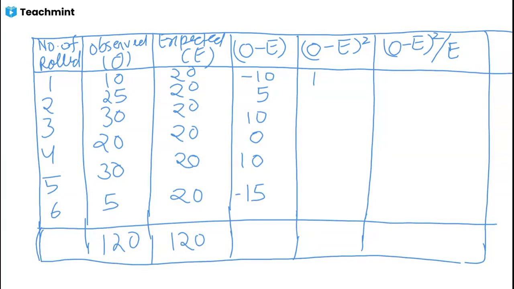So we have here 100, 25, 100 again, 0, 100, 225, and each divided by E. E is 20. We need to find values by using calculator also. So 100 divided by 20 we can find easily, that is 5.